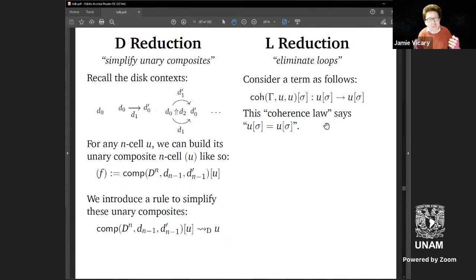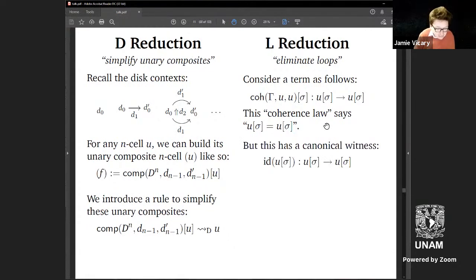It's like saying F composed G is isomorphic to F composed G. Well, yes, that's true. It's sort of obvious because we could choose the identity. And indeed, there's a canonical coherence law of this type, just the identity on this thing. We didn't need this other fancy thing.